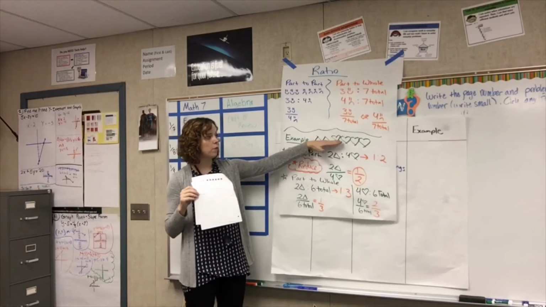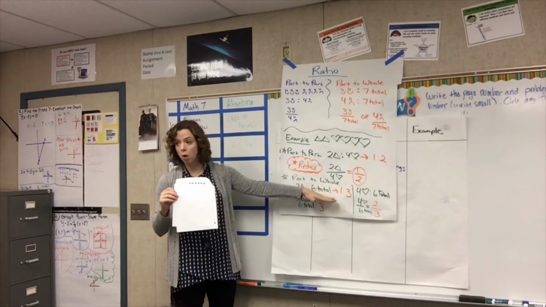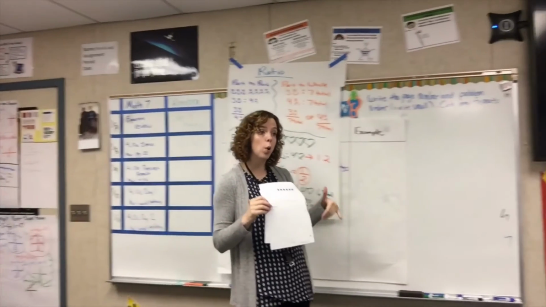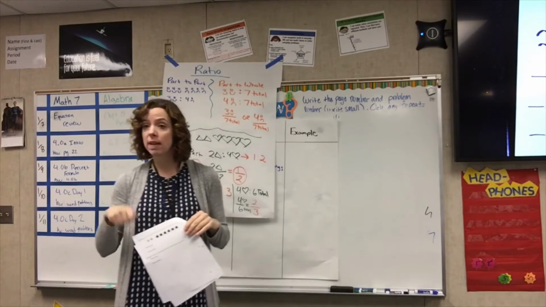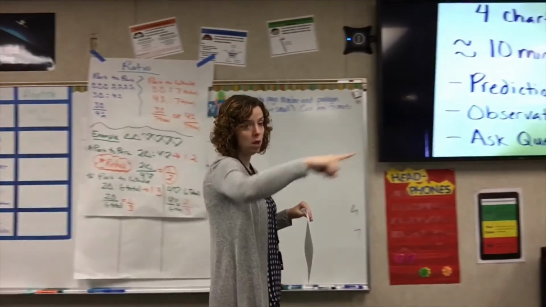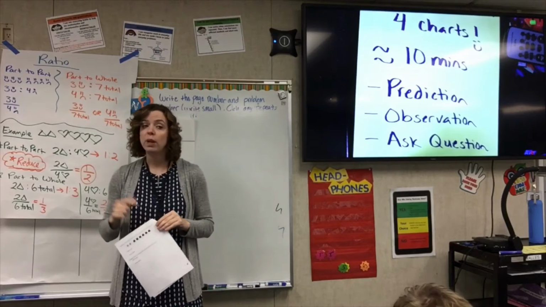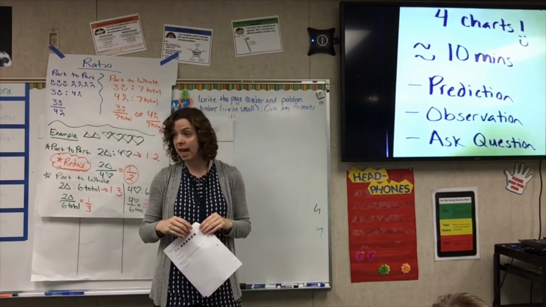You're going to draw your own picture, and you're going to write an example of, with your picture, a part to part. And you're going to write a part to whole with your picture. So you get to choose and create your own picture. Now here's the catch. I am going to be using number spoons, and I'm going to hear from each group. So everyone has to be on task and ready to share.